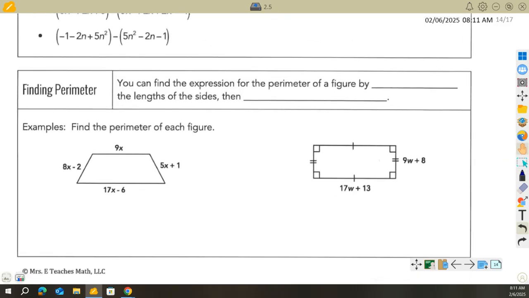Last, we are looking at finding perimeter. You can find the expression for the perimeter of a figure by adding the lengths of the sides, then combining like terms.